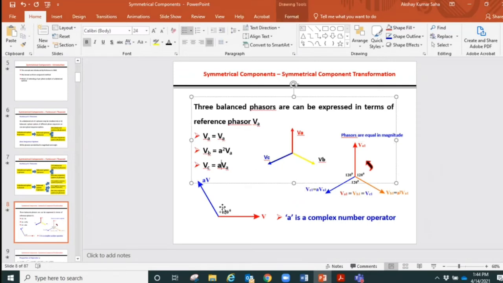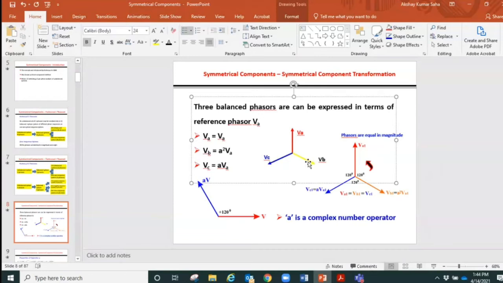So a is the operator which is actually 1 at an angle of 120 degrees. When we apply a on V, V times a becomes V at an angle of 120 degrees. That's why this blue phasor is shown like that, and its magnitude remains the same because it's 1 unit at an angle of 120 degrees.